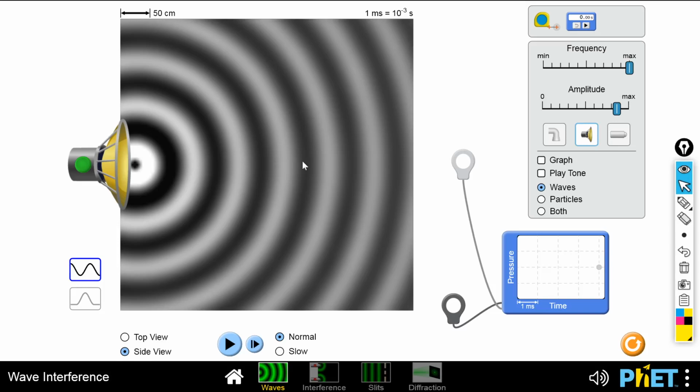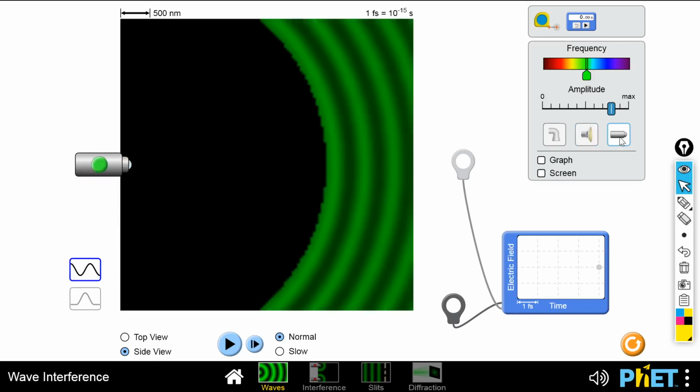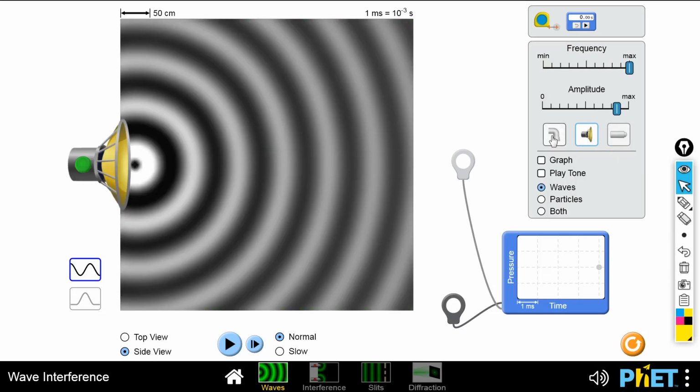Alright, so we're still talking about waves, we're still talking about sound, and you could do the same thing with light, only in this case the scale is going to be 10 to the minus 15th seconds, and correspondingly nanometers are way small also. But I'd like to stick with sound for the moment, and water.